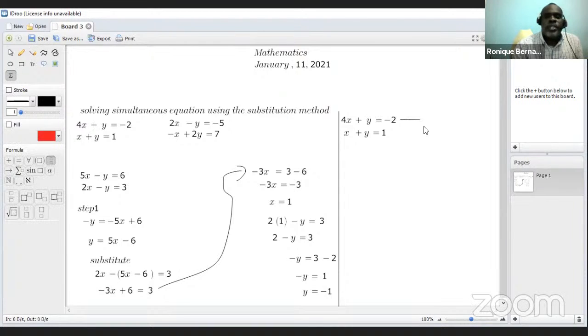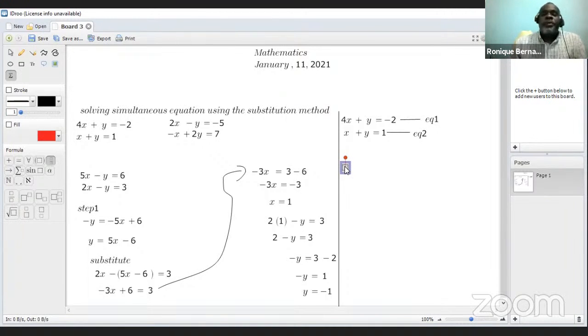You label your equations. You call that EQ1, and you label the second equation EQ2. Now, don't be afraid to make mistakes with it. It's called experiment, trial and error. But if you make a mistake, you don't stop until you get it correct, all right?